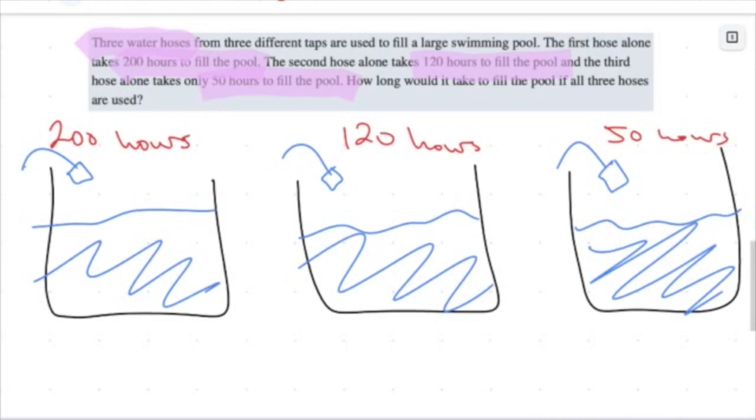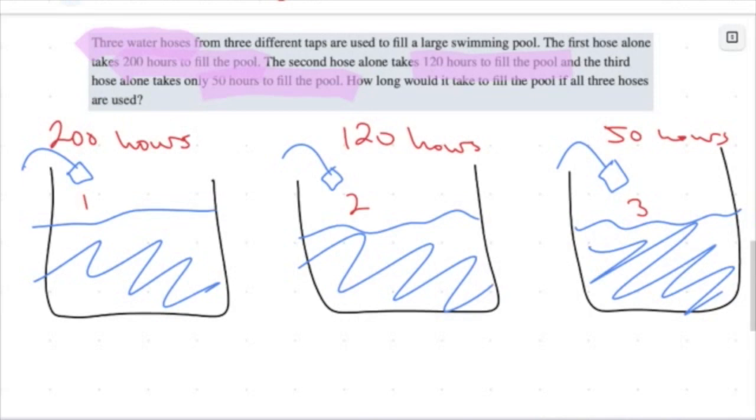Now, what we want to do is we want all of these hoses, 1, 2, 3, to be speaking the same language, right? We have a lot of different hours here, but we have no real universal way of telling at what rate each of these is going.